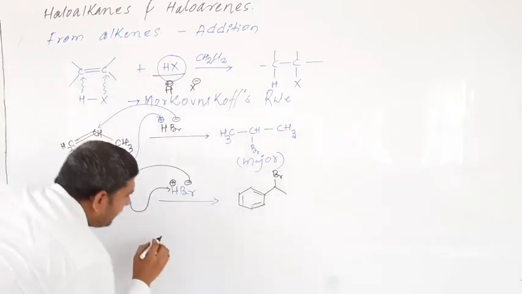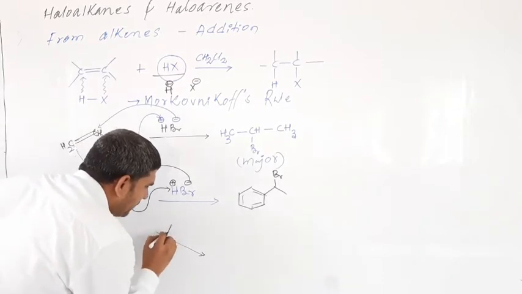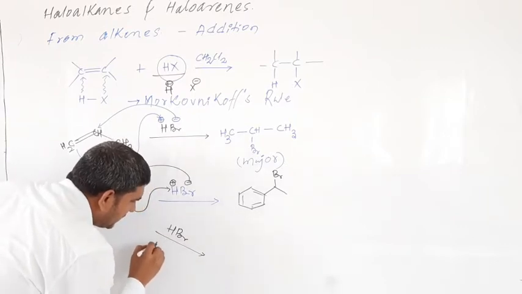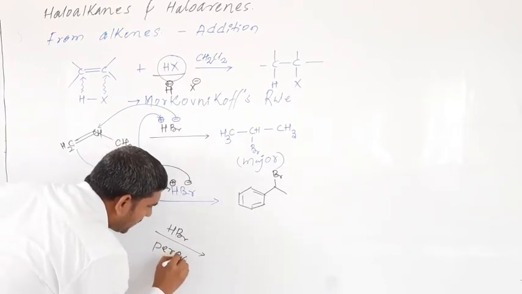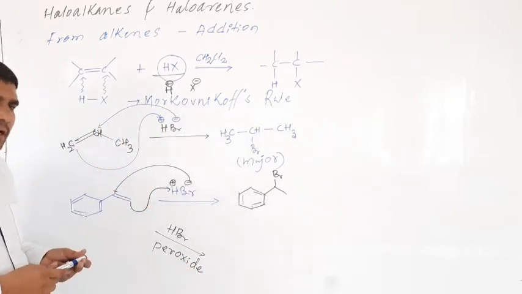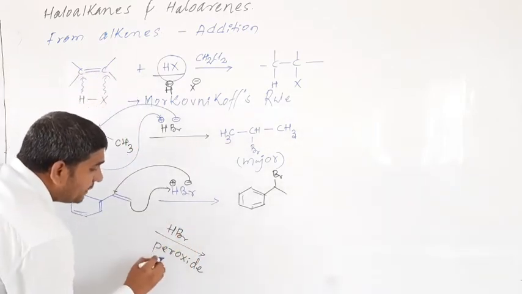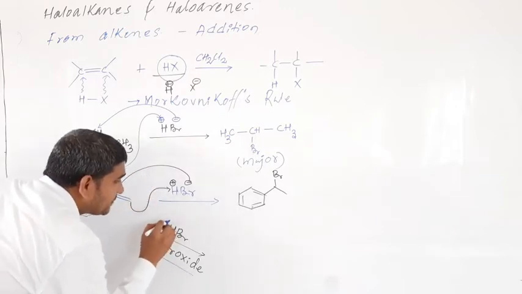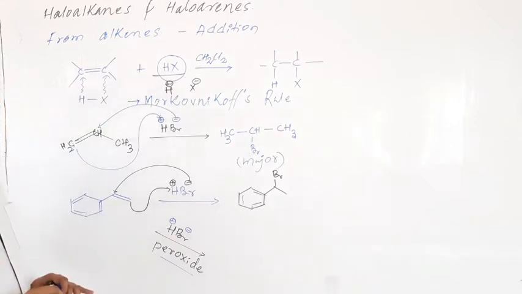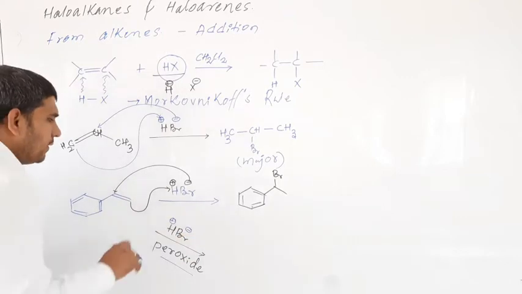Now, I think you studied that even with the same substrate molecule and the same reagent, just a little difference matters. If you add HBr in presence of peroxide, what happens? This addition of HBr in presence of peroxide takes place exactly opposite to that of Markovnikov's rule.